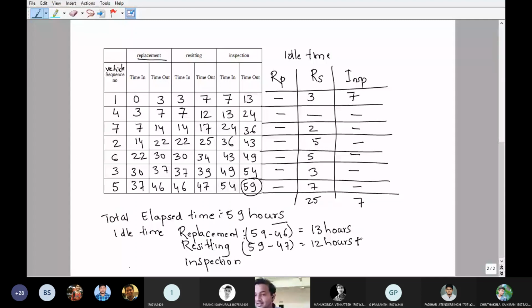We should add here 25, 37 hours. This is the idle time for all the replacement, resettings and inspections. After doing the sequence, we got the idle times for all the machines: 13 hours, 12 hours and 7 hours.